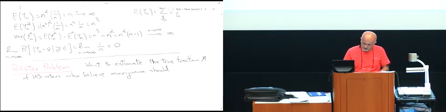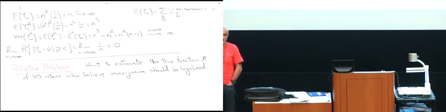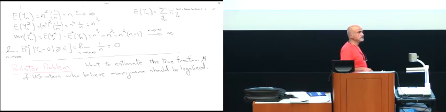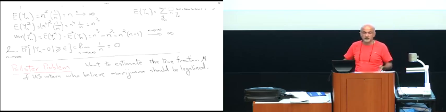You can replace this with whatever you want. If you don't like talking marijuana, say you want to estimate the fraction of the U.S. voter population or the population in general that believes in God. I don't know, pick any Bernoulli.